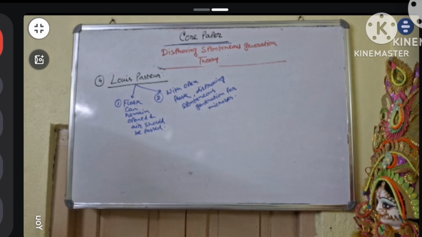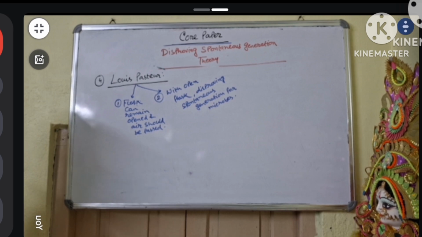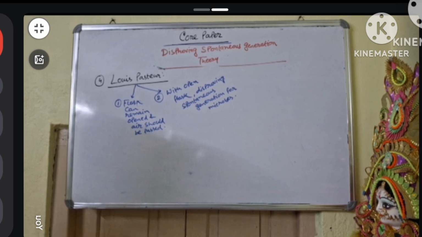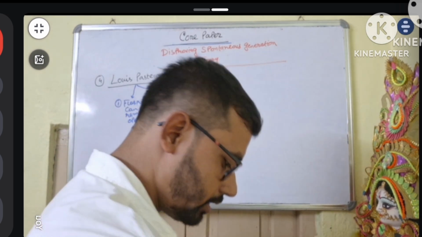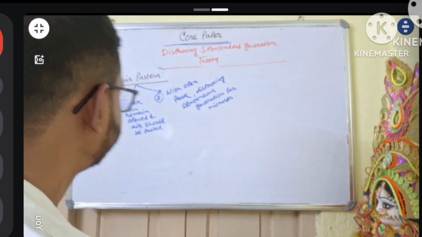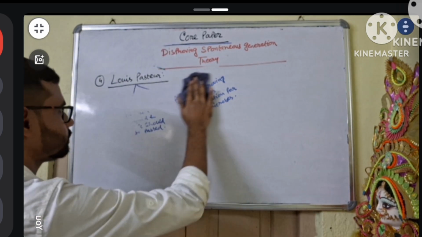Many scientists tried before Louis Pasteur but could not achieve it, because the challenge is very tough. Air should remain open, the flask cannot be closed, and at that time the broth should remain free of microbes.